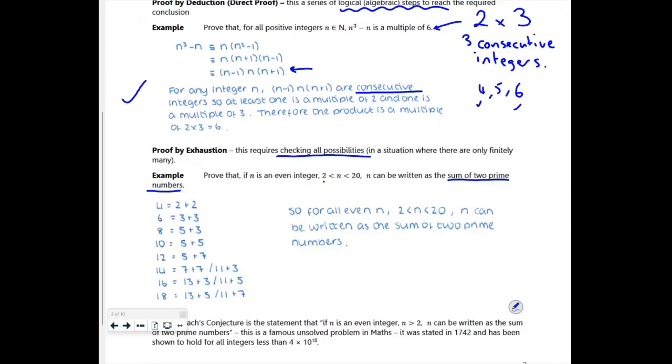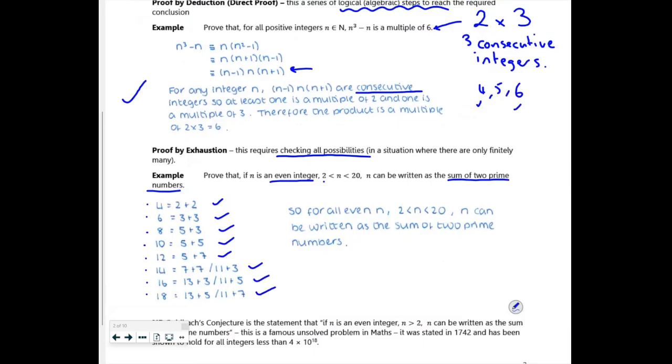So n's going to be even between 2 and 20. So I'm looking at 4, 6, 8, 10, 12, 14, 16, 18. I want to prove it can be written as a sum of 2 primes. So 2 plus 2 is 4, 3 plus 3 is 6, 5 plus 3, 5 plus 5, 5 plus 7, a few alternatives for 14, 16, and 18.